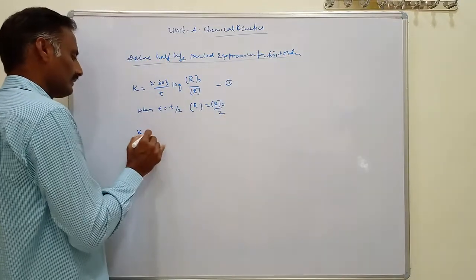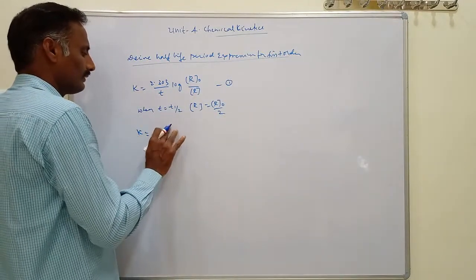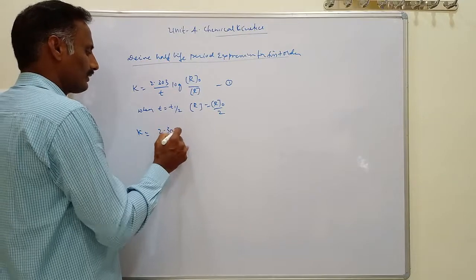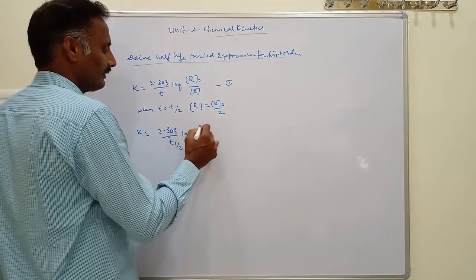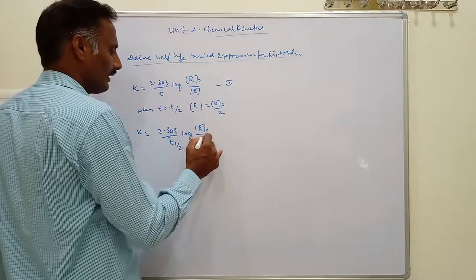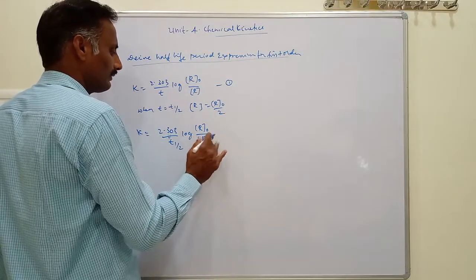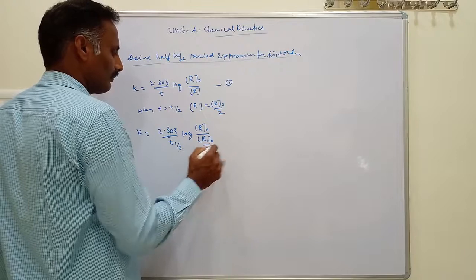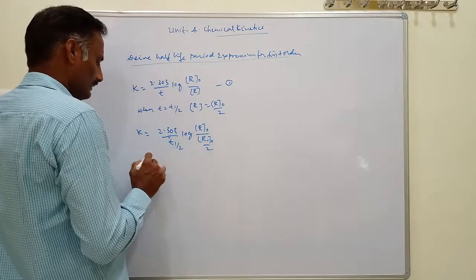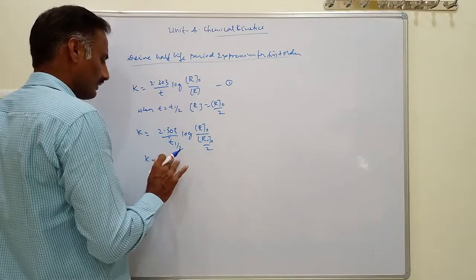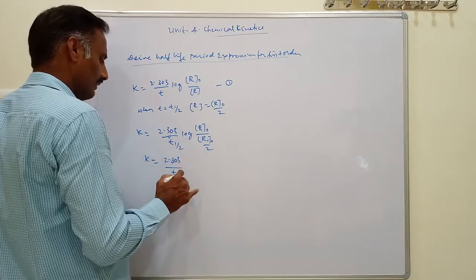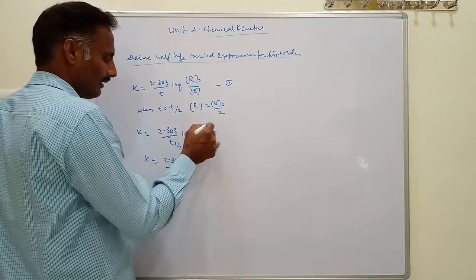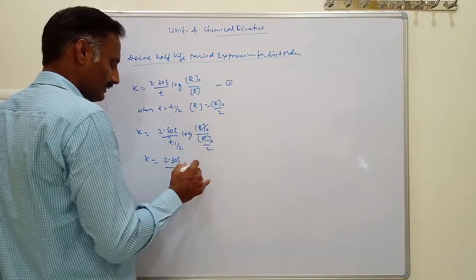Here we will get k equals 2.303 by t half log R naught by R naught by 2. Then R naught gets cancelled, and we get log 2.